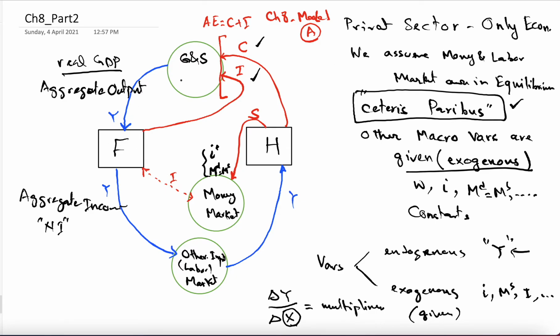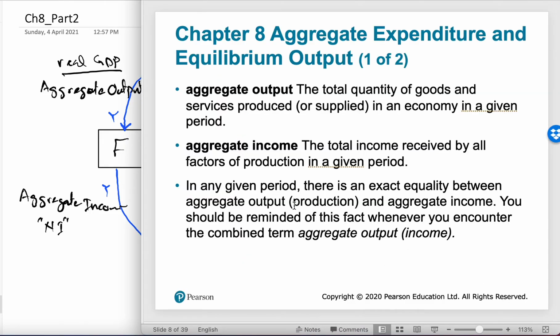These two, what is being produced and sold into the goods and services market, is going to be what is being paid to factors of production, and it's going to become an income to the families. So that's stage number one of understanding the first law of thermodynamics, that the aggregate output and aggregate income are equal. What the arrows go in, the arrows come out.